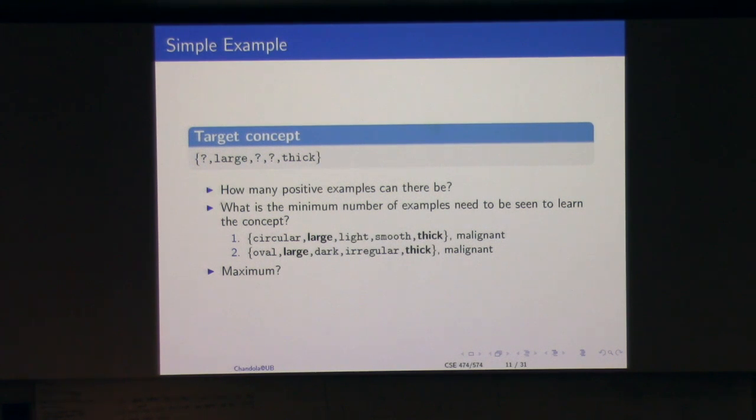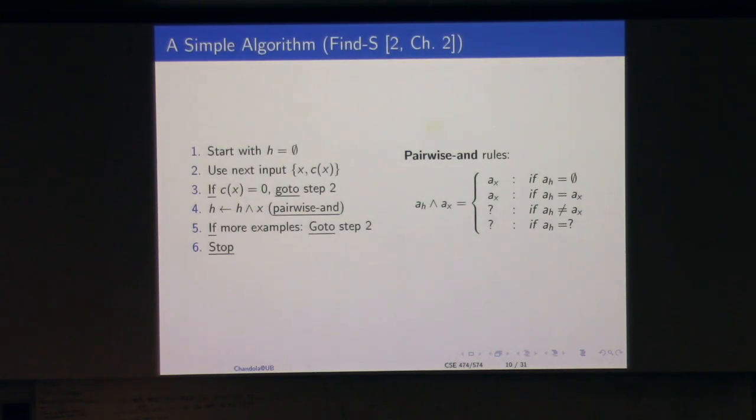You can see that if you get these two as your training data examples, circular, large, light, smooth, thick, and oval, large, dark, irregular, thick, and both are positive or malignant, then just with these two examples, you would arrive at this target concept. Because you will begin with an empty concept, the most specific.